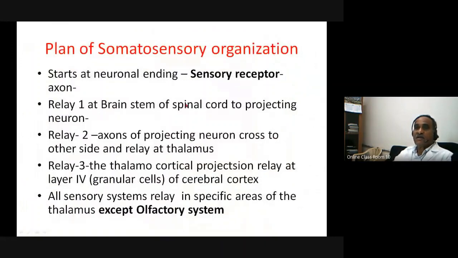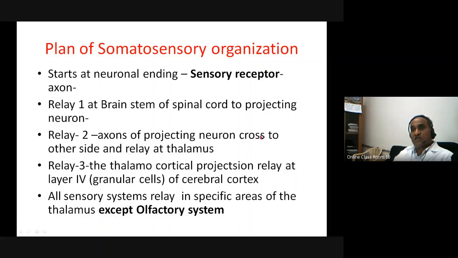Now coming back, I have just summarized here. It starts with the neuronal ending, that is the sensory receptor. Then it becomes an axon. Then the axon relays in the spinal cord or the brain stem. That is the first relay. Then the axons of these neurons become the second order neurons.